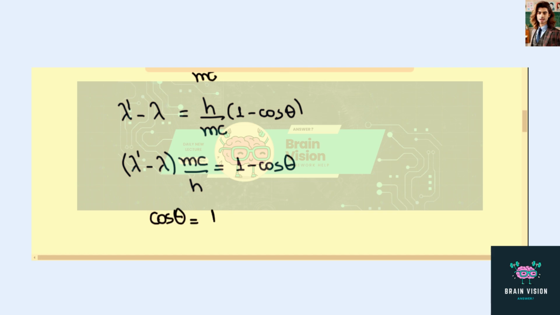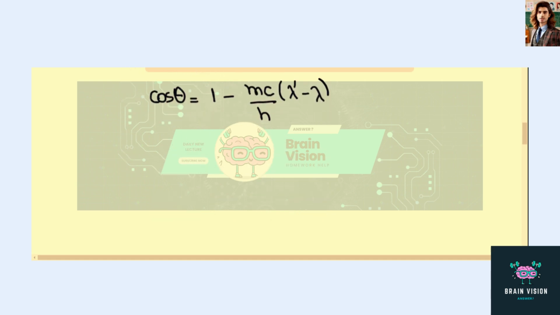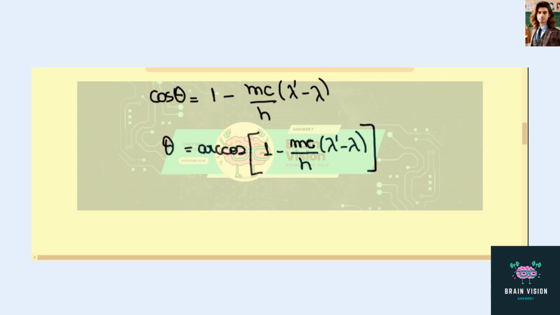So cosine of theta is 1 minus mc over h times lambda prime minus lambda. This means that theta is equal to the arc cosine of 1 minus mc over h times lambda prime minus lambda. This is the answer to question B.